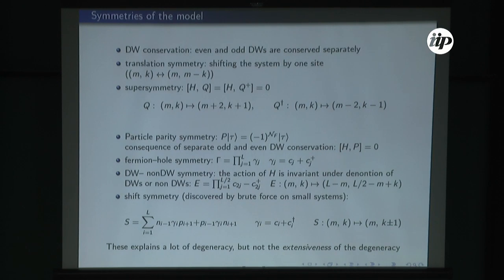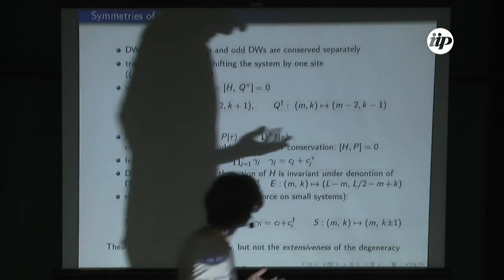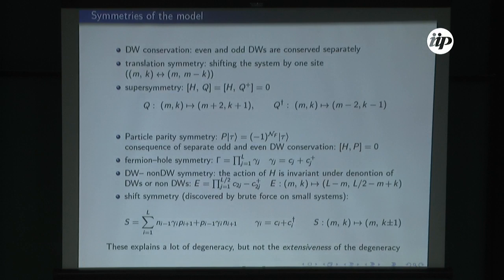So these properties could explain it. The ground state is degenerate and extensively so, the number of ground states is proportional to L. Well, L is the system size, and there is some proportionality factor here.